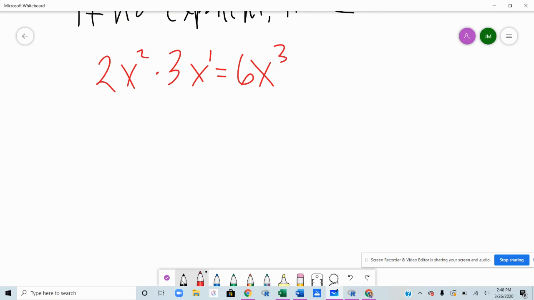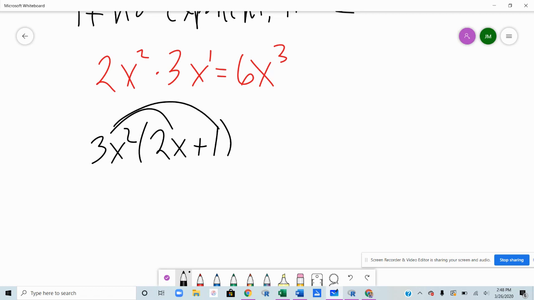Now let's actually talk about multiplying our polynomials all the way through. So you might have something like 3x squared times 2x plus 1. In this case, when you have outside here just one single term, a monomial, you can just distribute, okay?